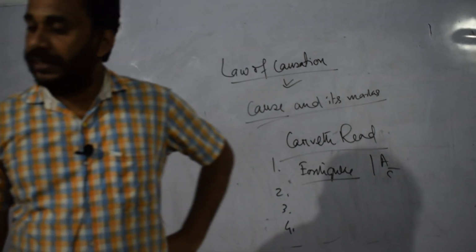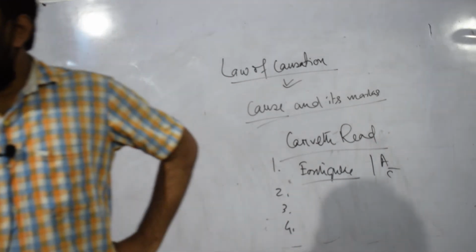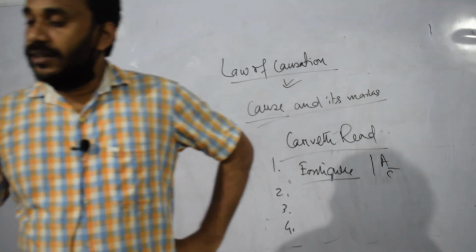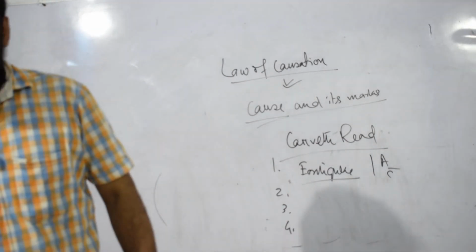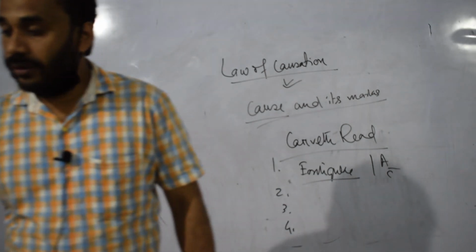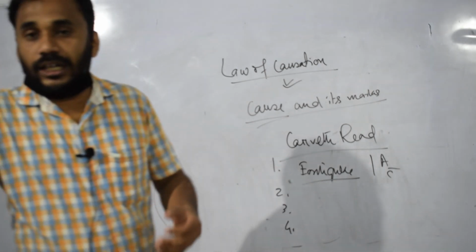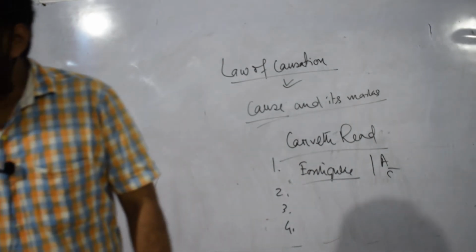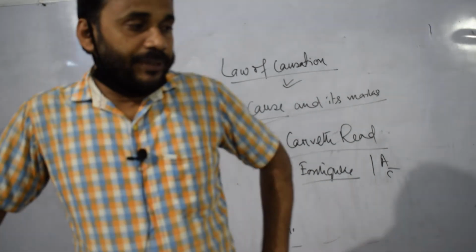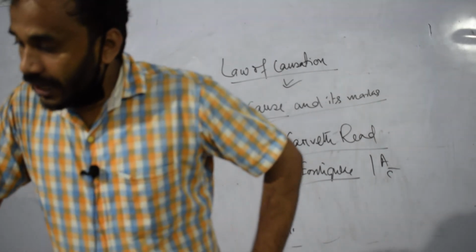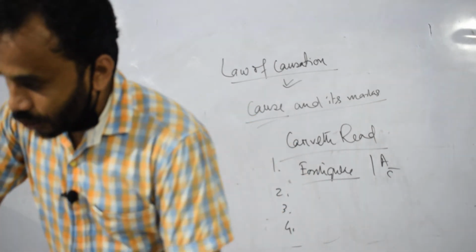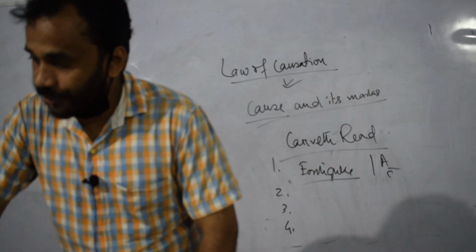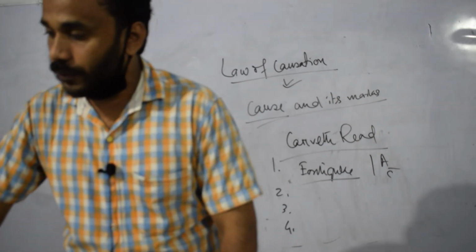For example, 6 months ago I ate sea fish in Chennai, but now I am suffering from a disorder of boils. The cause of my boils cannot be those sea fish I ate 6 months ago.